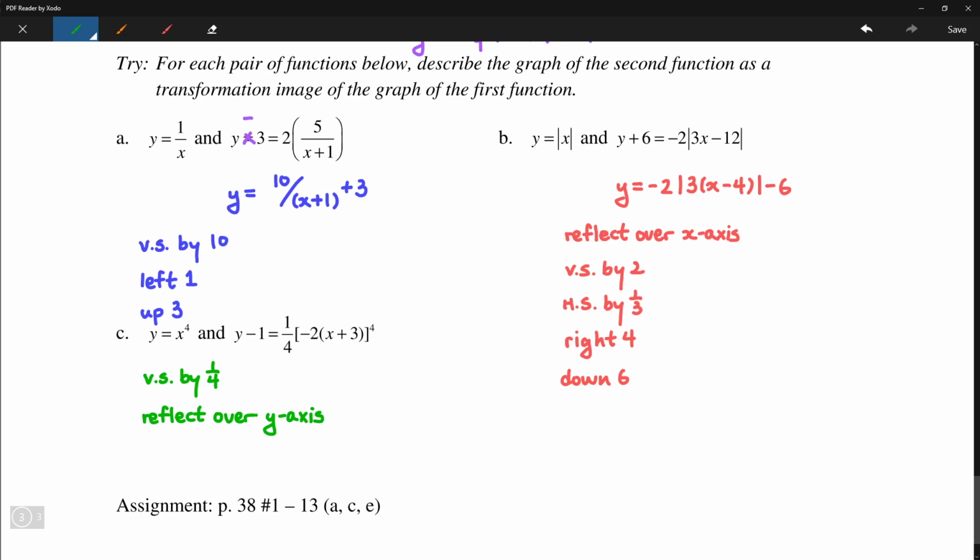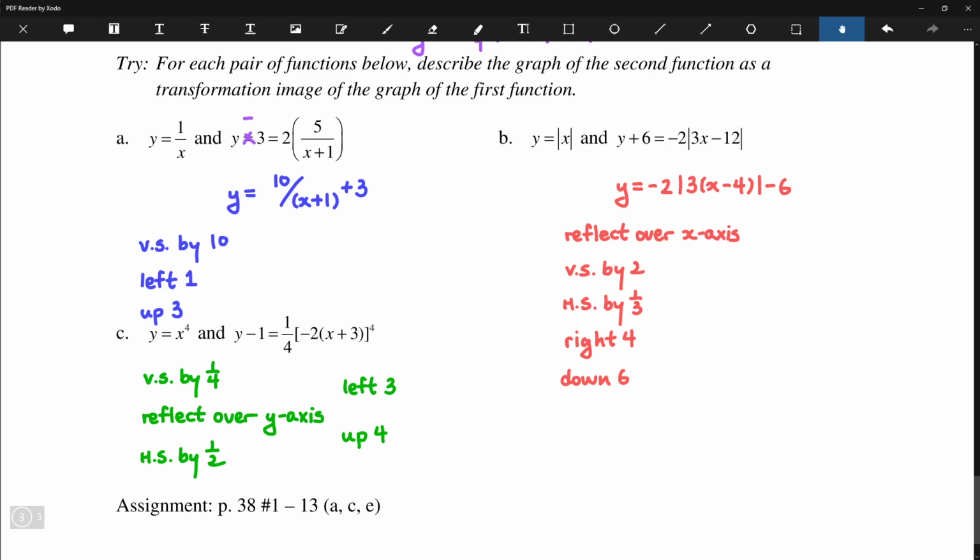And then there is a horizontal stretch by 1/2, not 2. Let's be careful with that. And then left 3, and then up 1.